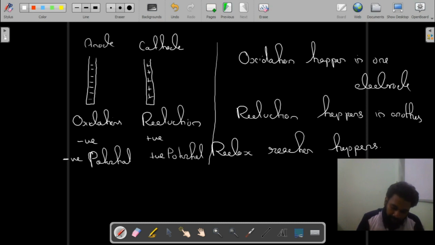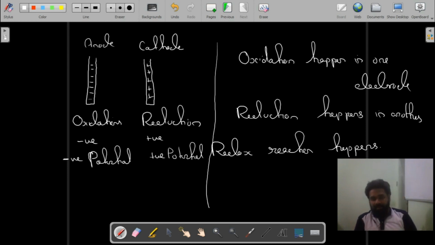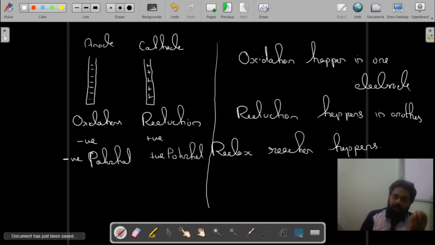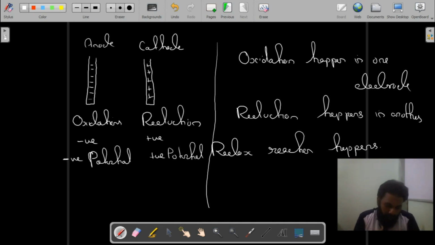Clear? So when the chemical reaction happens and we dip these electrodes in the electrolyte, negatively charged particles will go to the anode and positively charged particles will go to the cathode. Wherever negatively charged particles accumulate, that becomes negative potential, and wherever positively charged particles go because of the reduction reaction, that becomes positive potential.